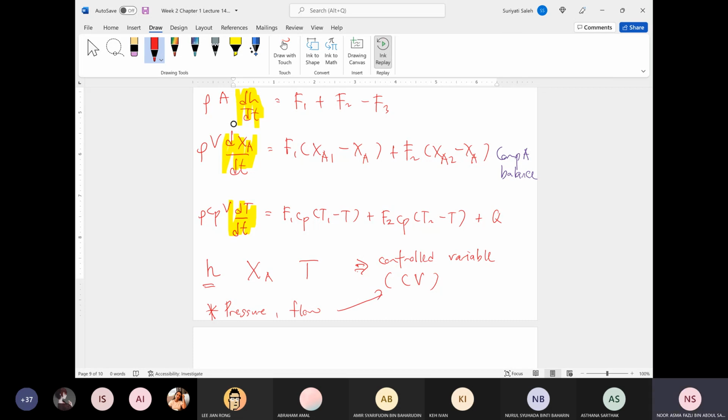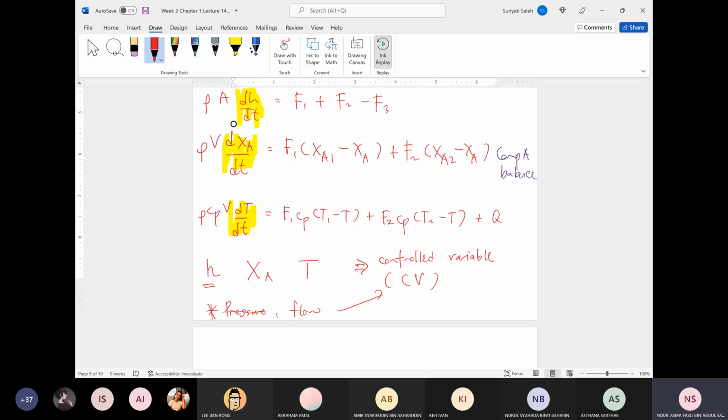For our subject, normally we assume all of the operation is conducted at atmospheric pressure. When it is atmospheric, you don't need to control the pressure. It is natural to have atmospheric pressure at this condition. So that's why in this equation we no longer consider the pressure control for this case study.